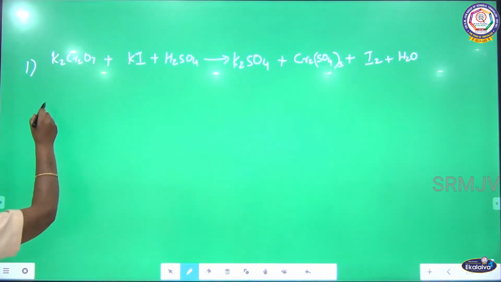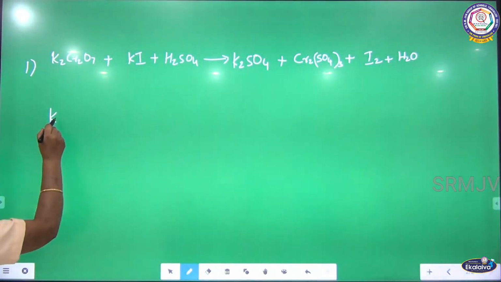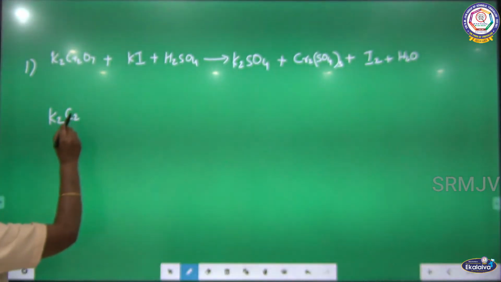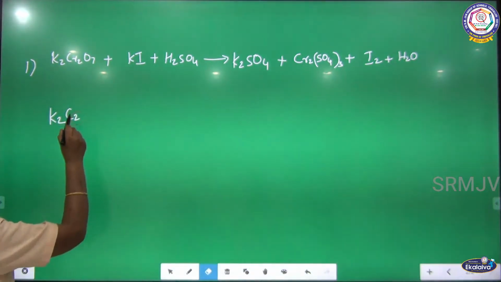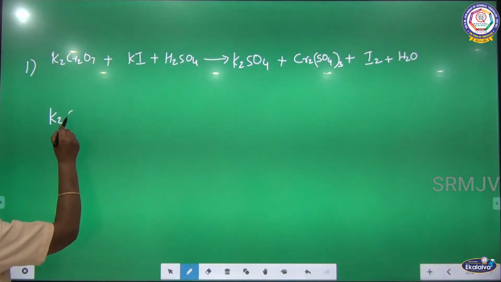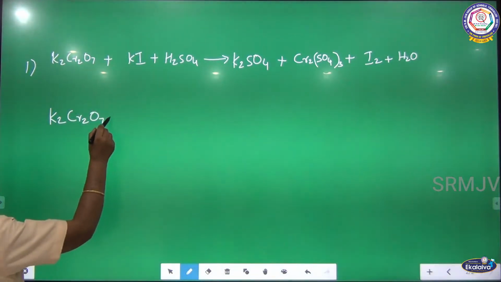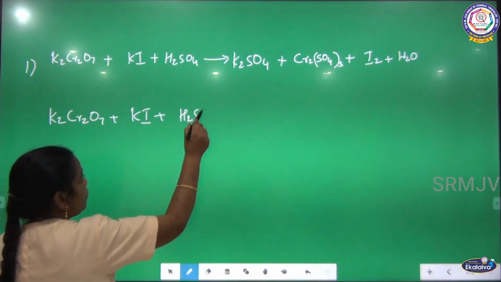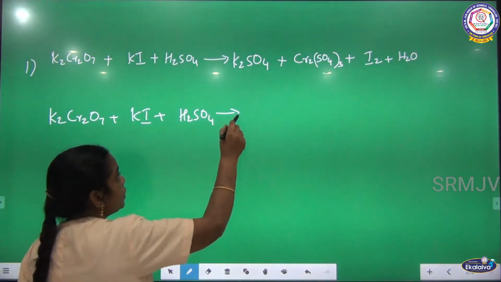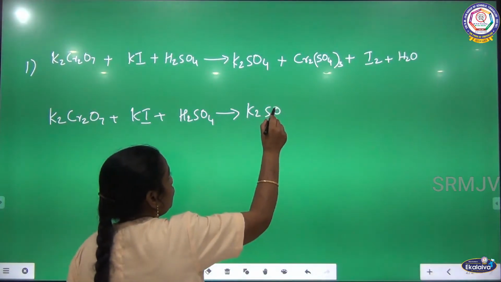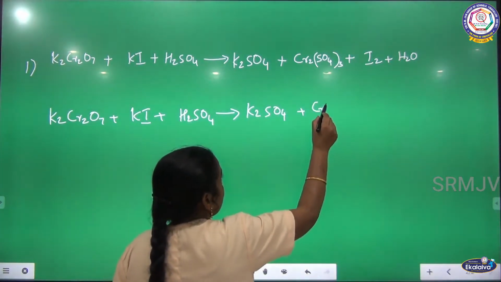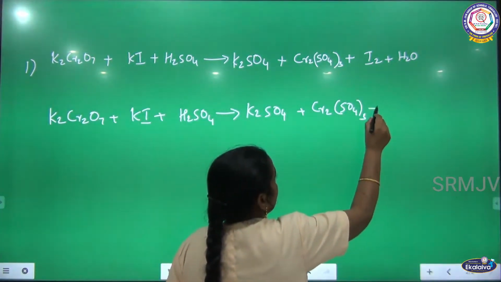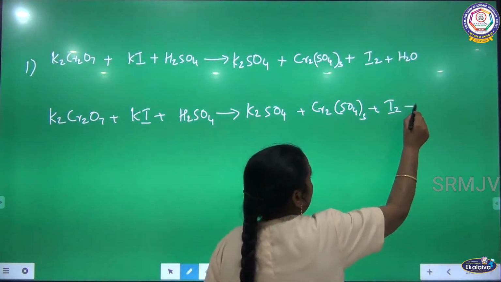This is the equation: potassium dichromate reacts with potassium iodide in the presence of the acid H2SO4, and gives K2SO4 plus chromium sulfate, iodine molecule and water.